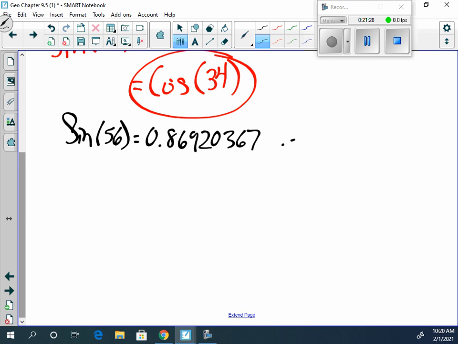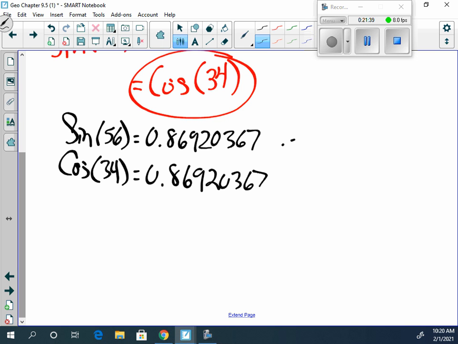Okay, now do cosine of 34 and see what it gives you. The exact same thing, isn't it? Yeah, and this works out every single time. I can take the original angle, subtract it from 90, and that's what it will be for cosine, or vice versa.